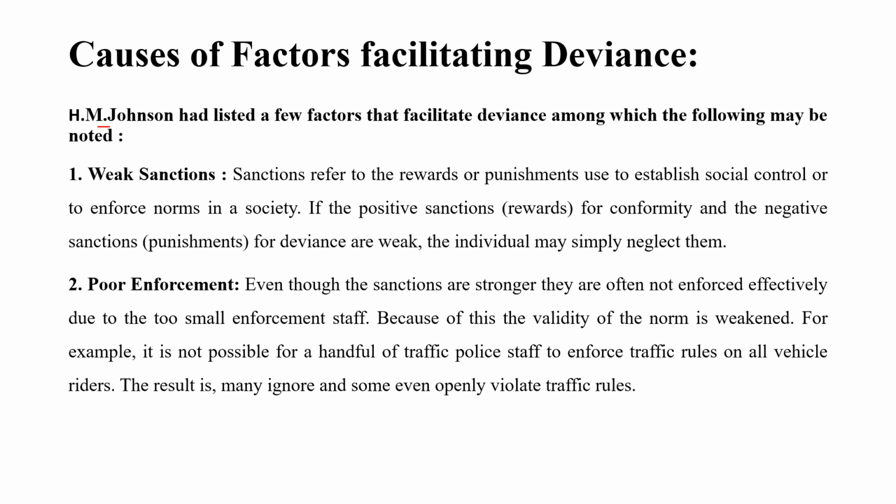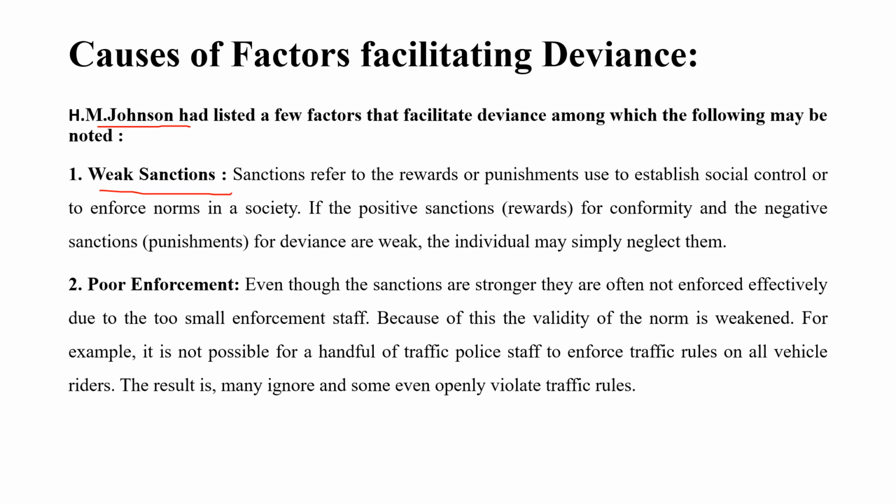H.M. Johnson tried to list out that there are some factors that lead to deviance. What are these factors? Weak sanctions. So the weaker the sanctions are, the easier it is for people to deviate from the social norms. And when they deviate from the social norm, that results in deviant behavior.